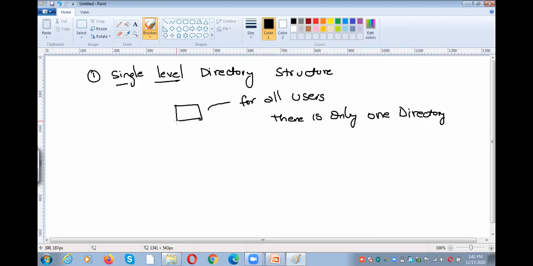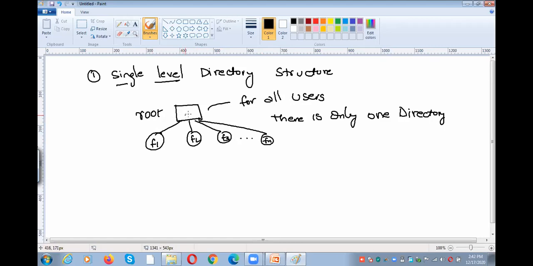There is only one level of directory, and it is obviously the root directory. All the users, user 1, user 2, up to user n, need to maintain their files in the same root directory. Here it is file 1, file 2, file 3, up to file n. All the files are under only one main directory.